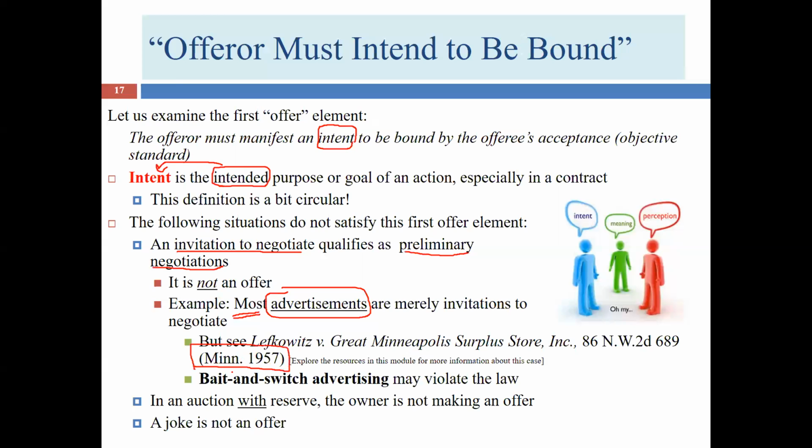It's kind of a fun case, but it's not representative of a very common situation because it actually establishes the reverse rule. In this case, the court found that Great Minneapolis Surplus Store's advertisement was an offer. So it's not the usual rule, it's the exception because the actual advertisement was so detailed.